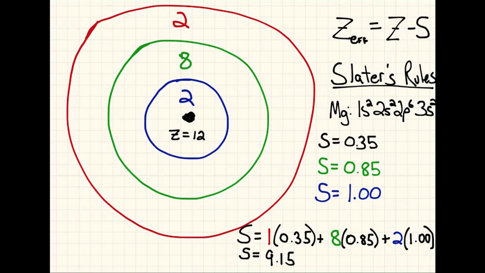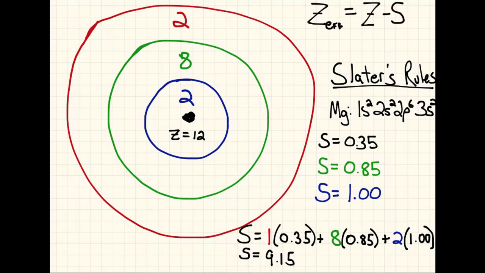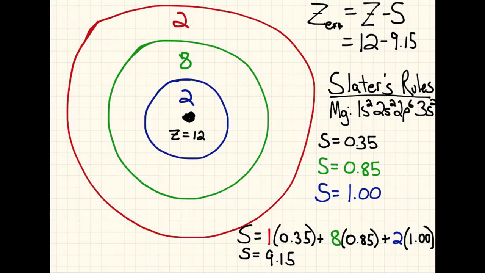So now I can use my equation for the effective nuclear charge. Let me just slide it up out of the way a little bit to calculate what my effective nuclear charge actually is. Let's remember that in this case we're dealing with magnesium, which has a nuclear charge of 12, and we are shielded by about 9.15 of that charge. So 12 minus 9.15 is equal to 2.85.